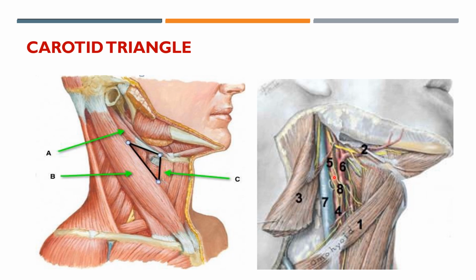Up here in the top you can see the lower cranial nerves: cranial nerve number 9, glossopharyngeal, 10, vagus, and accessory. This is accessory, and this is glossopharyngeal. Glossopharyngeal, accessory, and the vagus nerve.